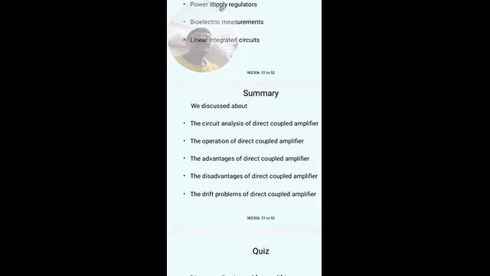So in this topic, so far we have discussed the circuit of a direct coupled amplifier, the circuit analysis or the construction, the operation or the working, the frequency response, advantages and disadvantages, the drift problem that exists in the direct coupled amplifier, and how to reduce the drift problem using complementary transistors in the alternate stages.